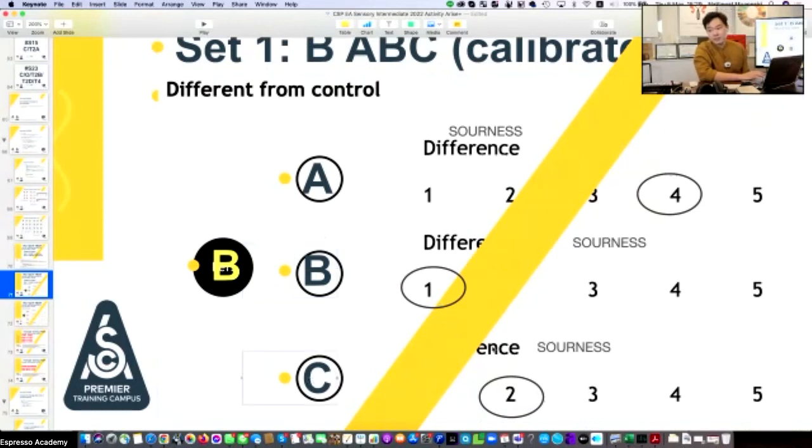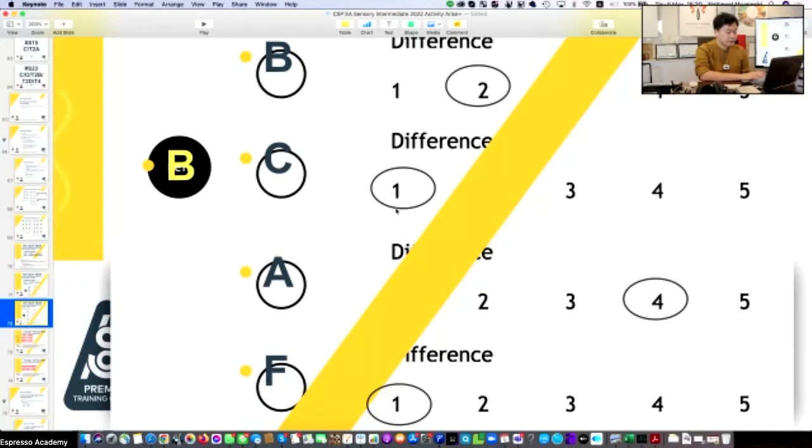And C has a little bit of sourness difference, level 2. This is something that we can create to make sure that your panel is able to identify the difference and the threshold of their ability. Big difference or less difference.